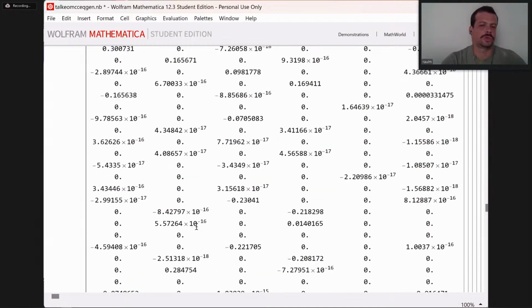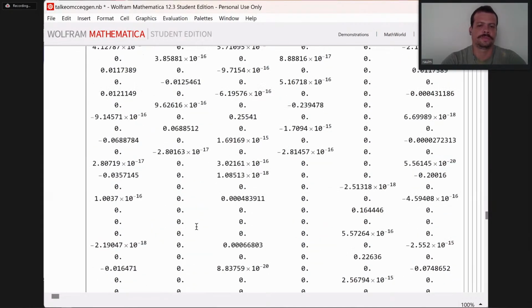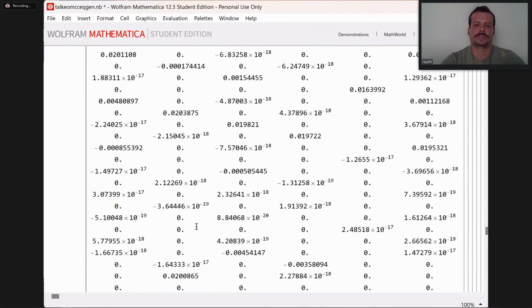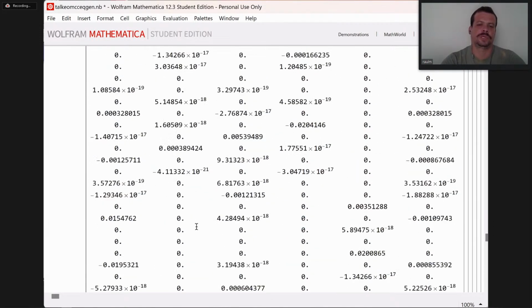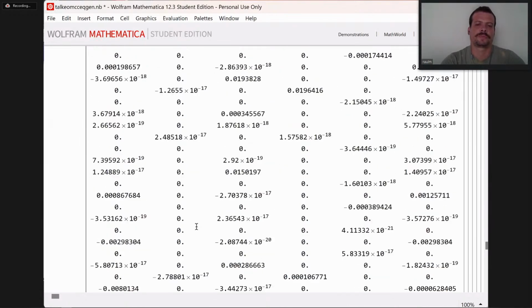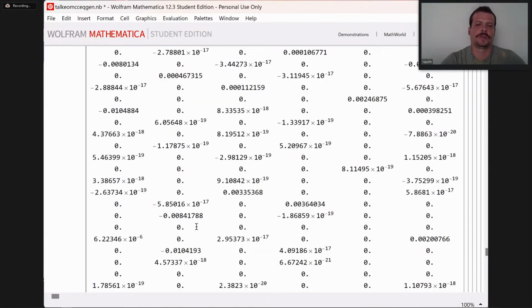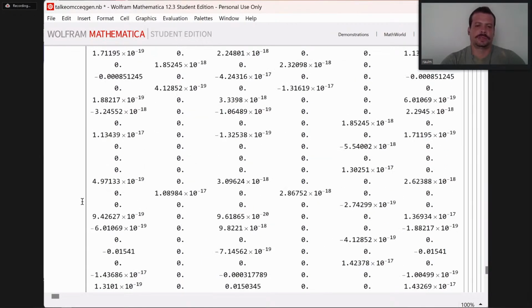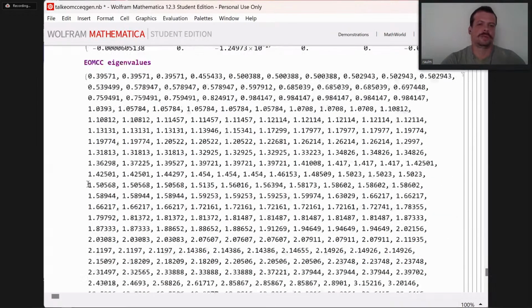This time it is huge. So yeah, we need to diagonalize this matrix. It's very big. So in the end, we obtain all the transition energies. That means we obtain the spectra.